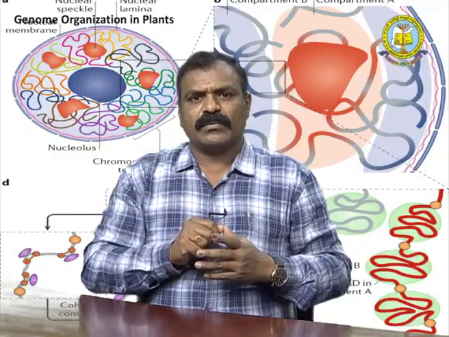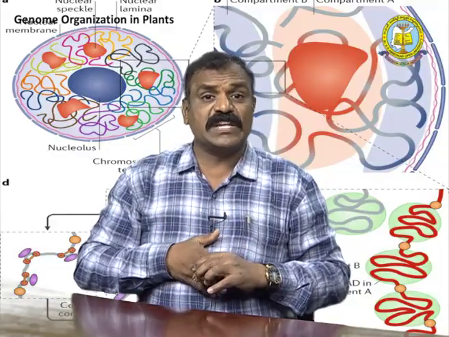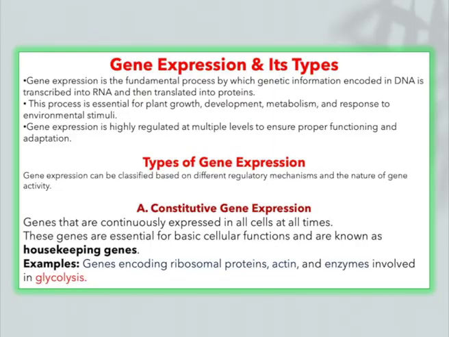Now we are going to discuss gene expression. Gene expression is the fundamental process by which genetic information encoded in DNA is transcribed into RNA and then translated into proteins. This process is essential for plant growth, not only plant growth but any type of organism.